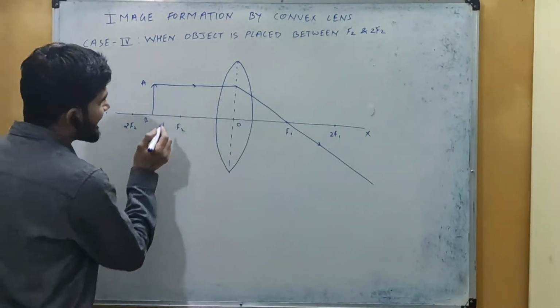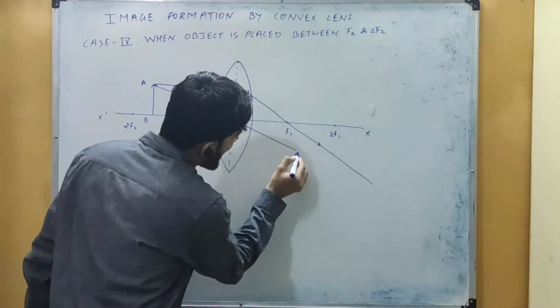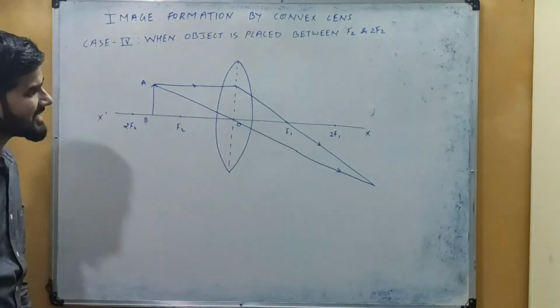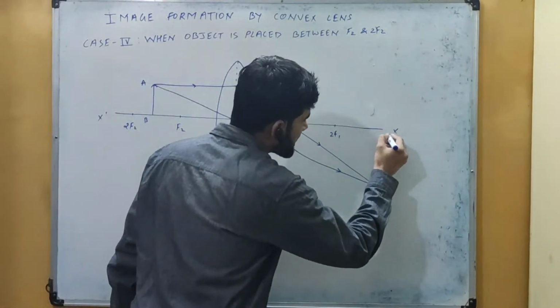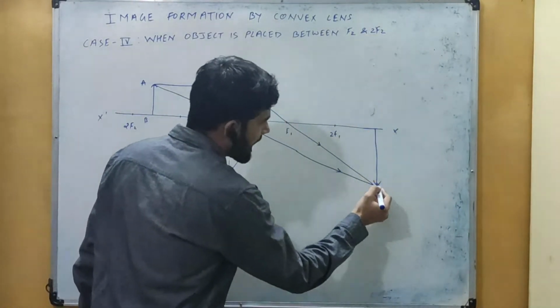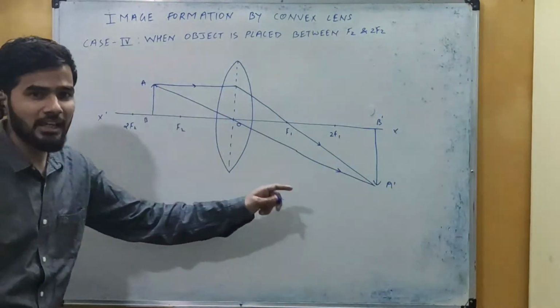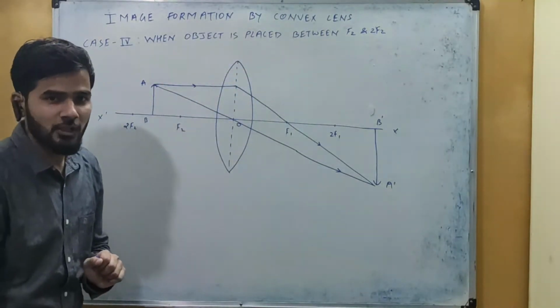Now the rule number second, if a light ray passes through the optical center, then after refraction it remains undeviated. So here where the image is being formed, this point is A dash and this will be B dash. So in this way the image will be formed when the object is placed between f2 and 2f2.